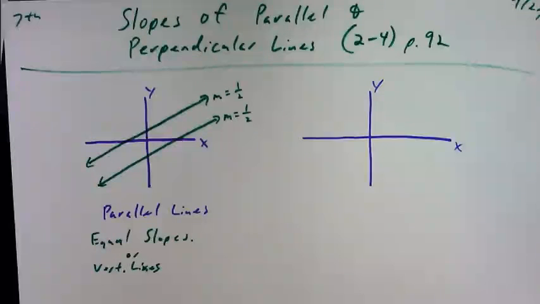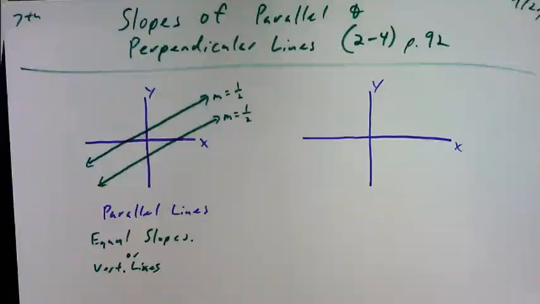Why? Why don't we group this one with the other? What's the slope of a vertical line? Going back to algebra. No, it's not 0. What's the slope of a vertical line? No, this is algebra, guys. Come on, it was a long time ago.